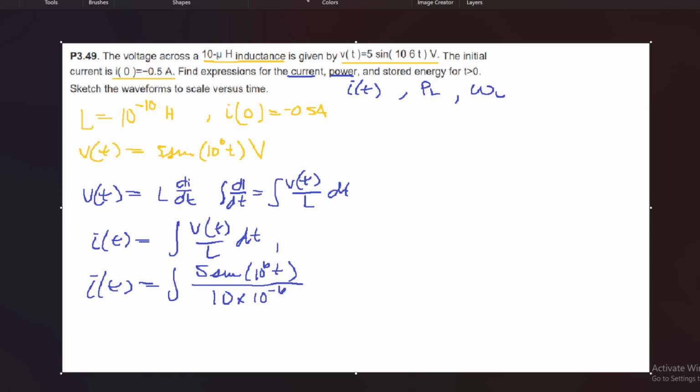This should be negative 6. I don't know why I said negative 10. Actually, it shouldn't even be just that. It should be 10 times 10 to the negative 6. Sorry. There you go. That should be fine. And then let's not forget dt.